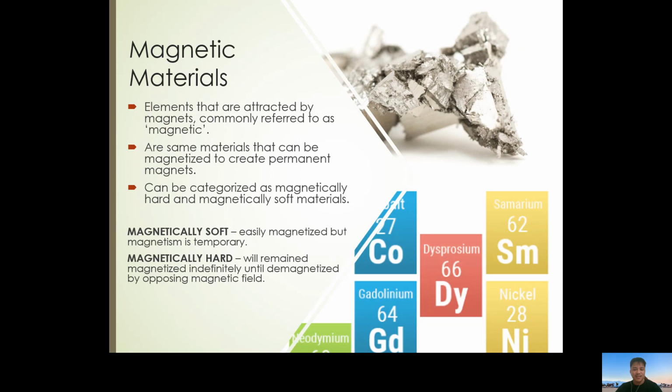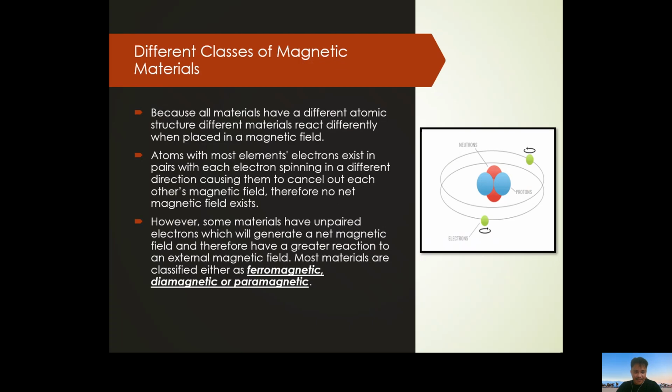That is why it becomes demagnetized. This is just an example to help you visualize magnetically soft and magnetically hard materials. So let's move on to the next slide.